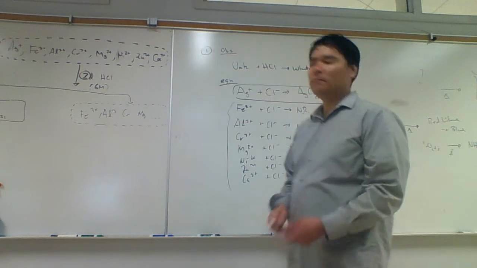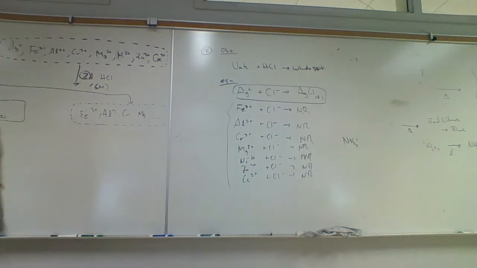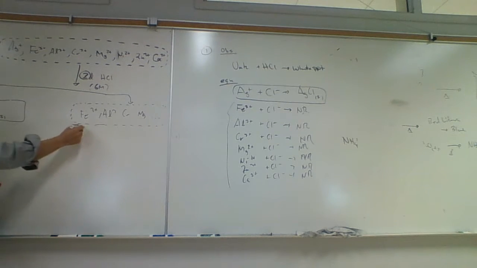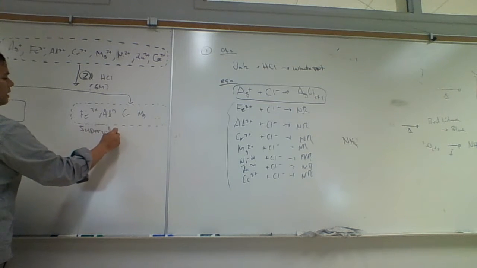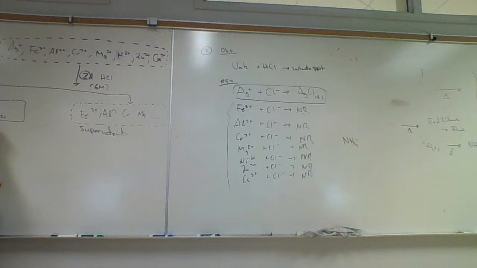Okay, now what happens is this. We're going to be left with a test tube like this that has silver chloride at the bottom, and then above this it has the supernatant. The supernatant is this, and the precipitate is this.